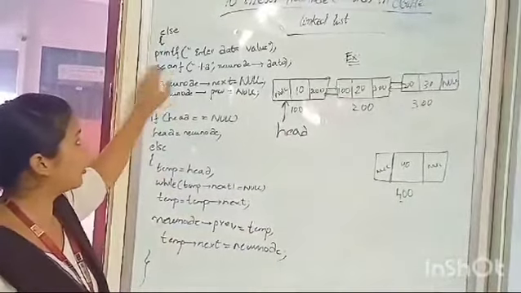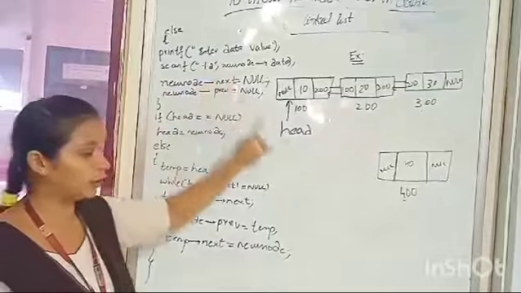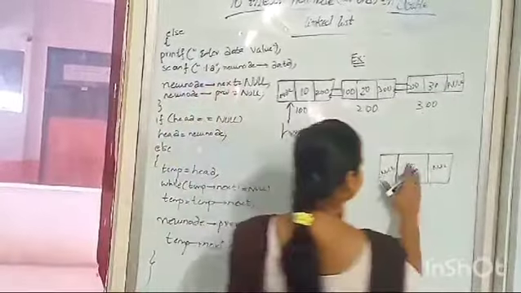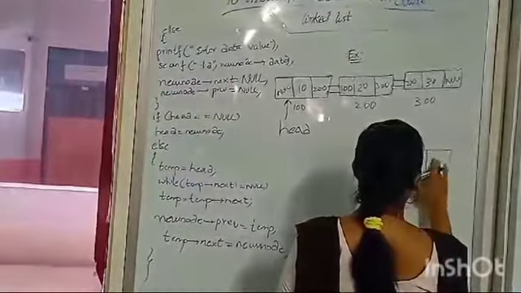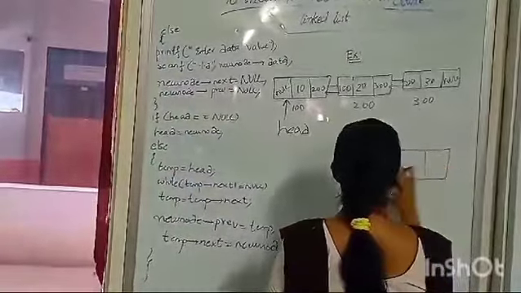In the else block, we ask the user to enter the data value for the node. For example, the user enters 40. And we assign that new node of next and new node of previous will be null.